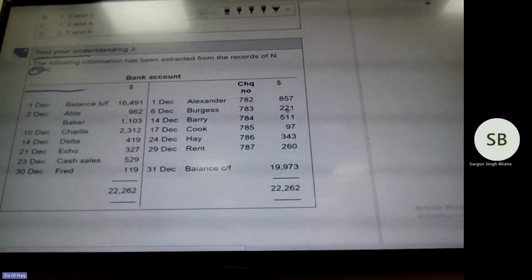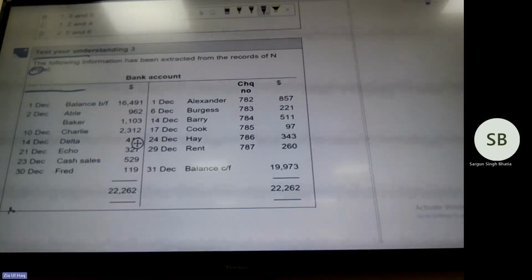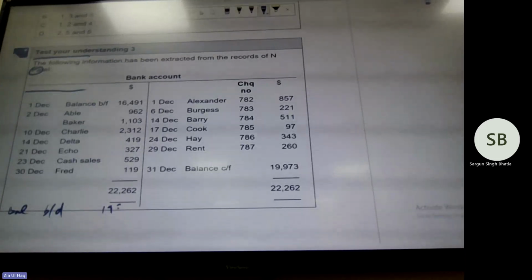On the credit side these are balances. And then at 31st December the balance carried forward is 19,973. This means this is a debit balance brought down as 19,973.